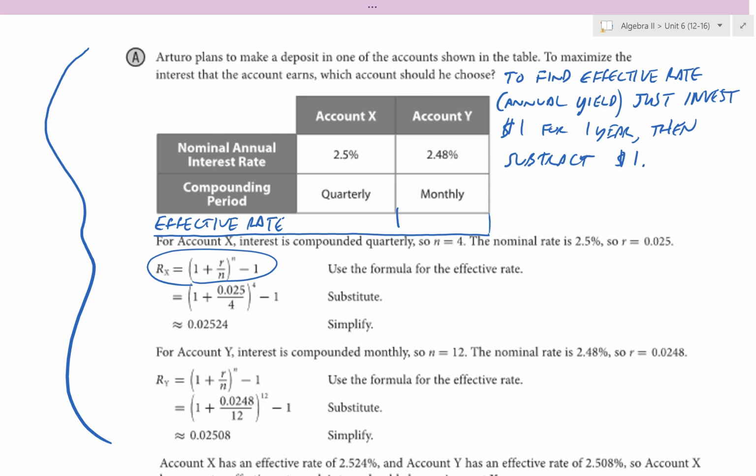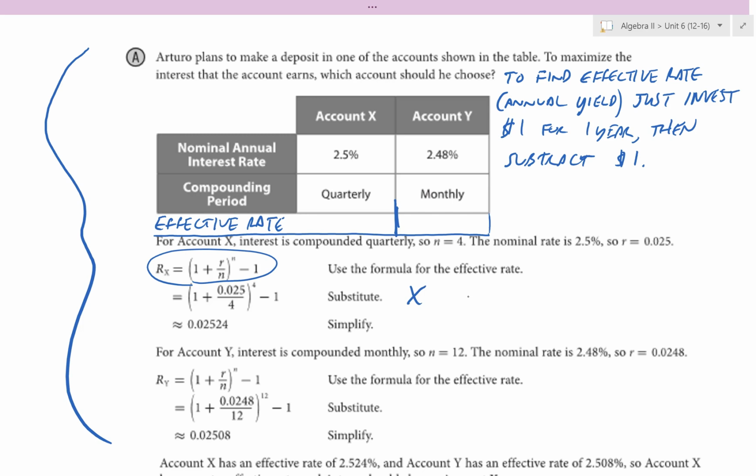The first account earns 2.5% compounding quarterly. The second account earns 2.48%, but they compound monthly. So their rate's lower, but they compound more often. Is it often enough to make a difference? Let's compare. For account X, we're going to invest $1 for 1 year.